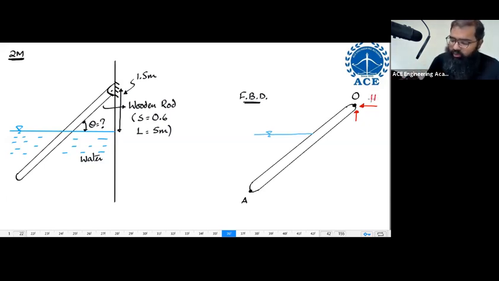Let us say this is horizontal reaction at O. This happens to be vertical reaction at O. Exactly at the center, I would assume that there is going to be a certain point G over here. This point G over here is a center. Through this very point, I'm going to have the weight of the rod coming down.